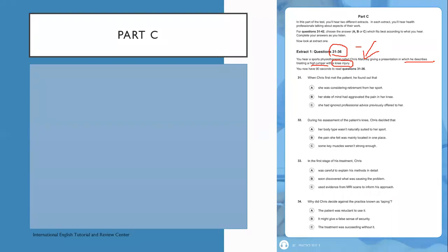So number 31, when Chris first met the patient, he found out that, what do you think he found out? The keyword here is first met. He would say, on the first meeting, I blah, blah, blah, or in the initial meeting. So once again, you have to highlight the keywords and think what possible synonyms the speaker would use.